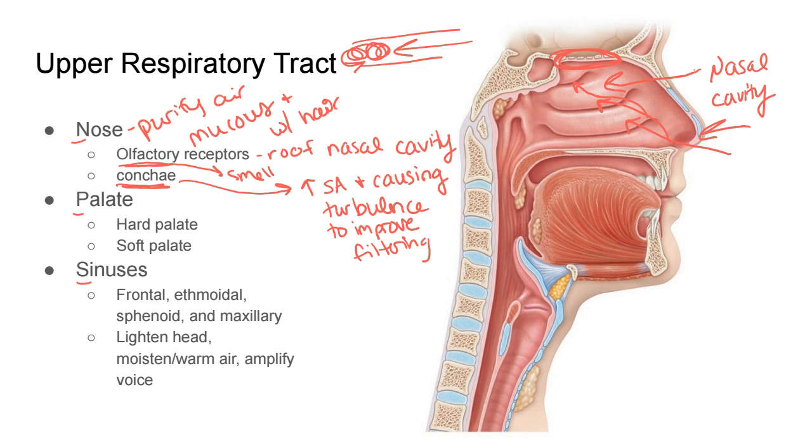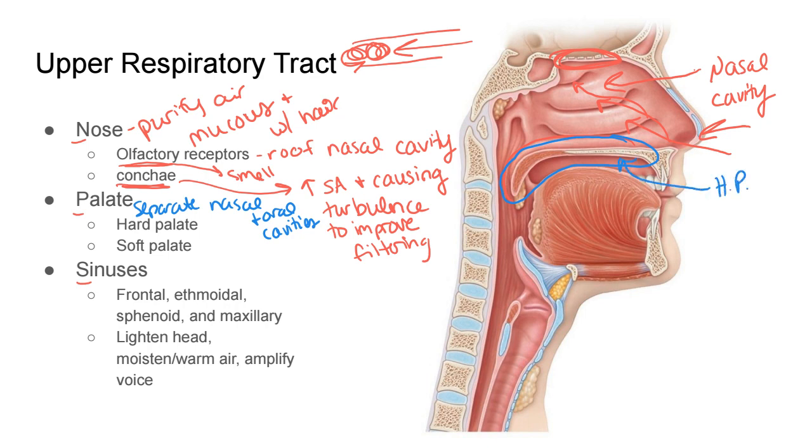Okay, next we have the palate. So this is the palate here. It's going to separate the nasal and the oral cavities, so basically the nose and the mouth. We have the hard palate and the soft palate. The hard palate is this anterior portion here.